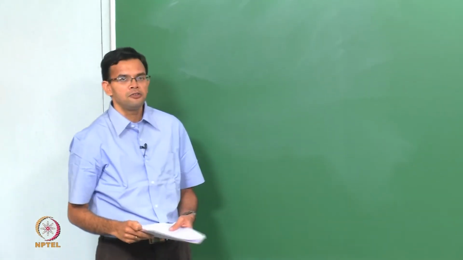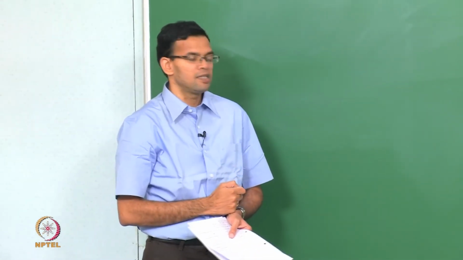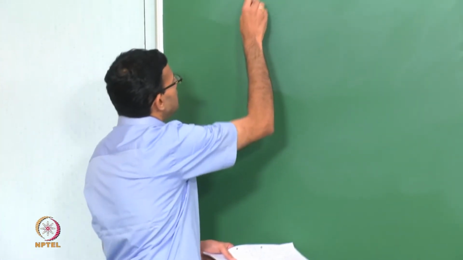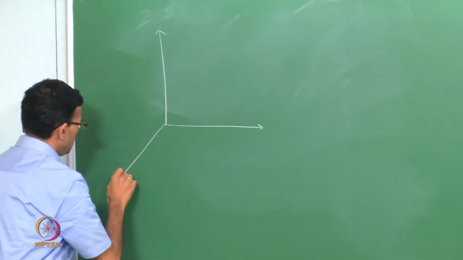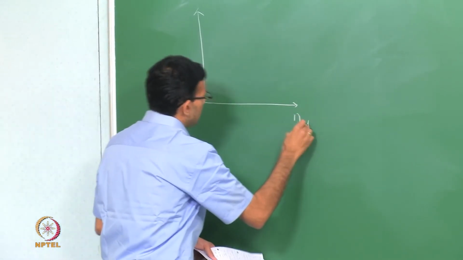For small values of nx, ny and nz, the energy levels are discrete, but for large values they are essentially continuous. We can represent this by taking a 3D axis with the quantum numbers along all three axes.